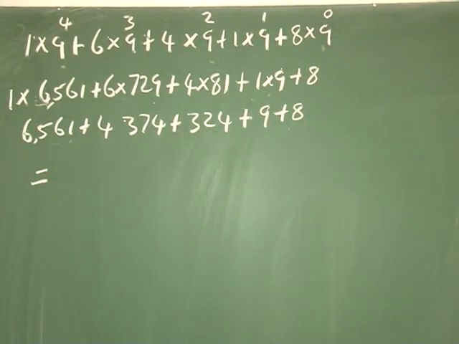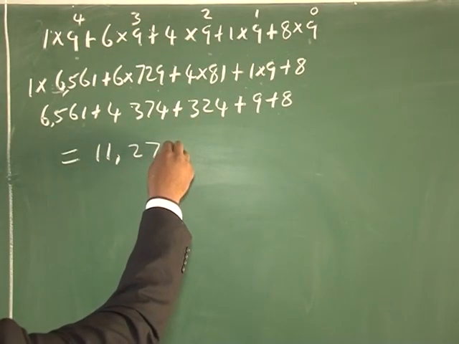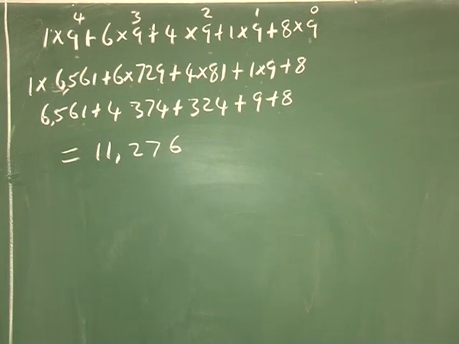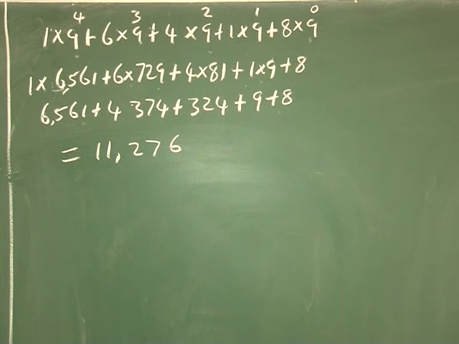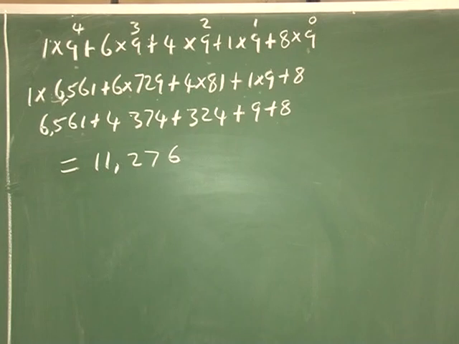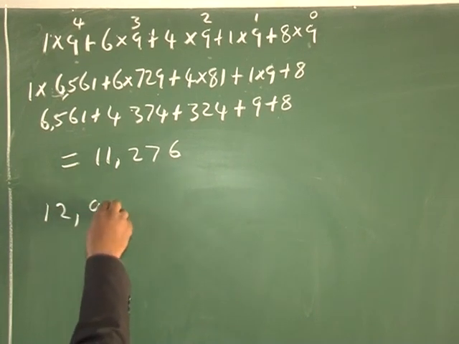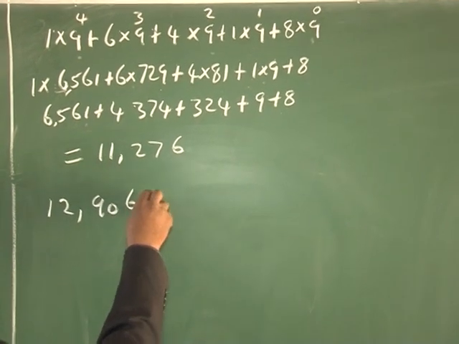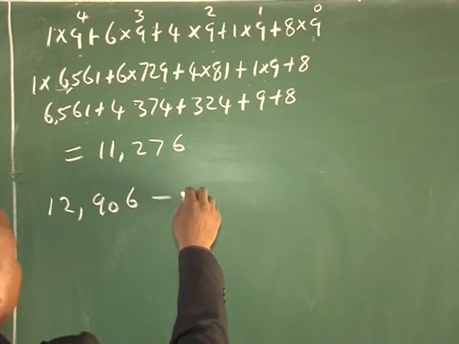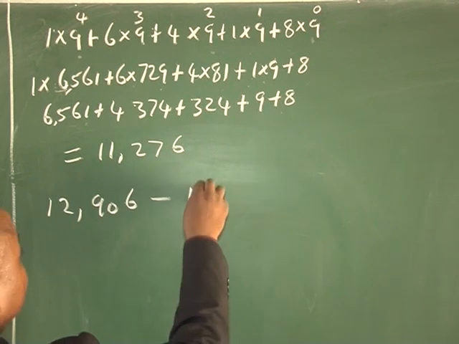If we add them, we have 11,276. Okay. Now we are going to minus 11,276 from 12,906.